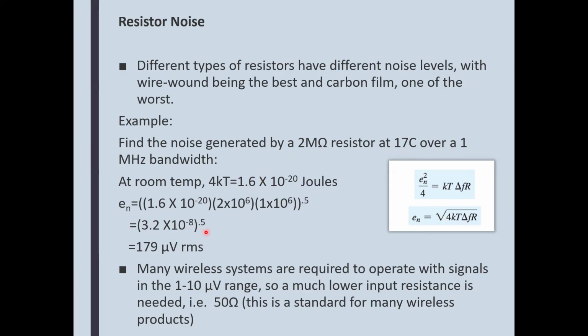Apply the numbers, and you'll find that the resistor at 17 degrees Celsius generates 179 microvolts RMS.